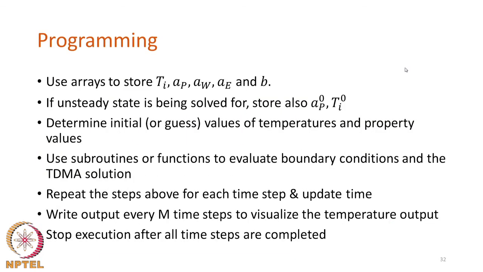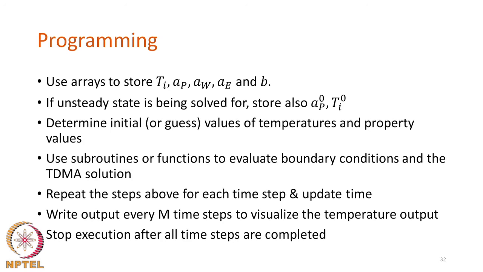And how do we go about programming? The programming exercise is going to involve arrays to store the temperatures at various locations. So, you would have one array for the temperature, one array for the coefficient at the P location, that is AP, one array for the west side coefficient, and one array for the right side coefficient. In case you use a constant grid spacing, then you would not need an array to store the coefficients of the linear equation.